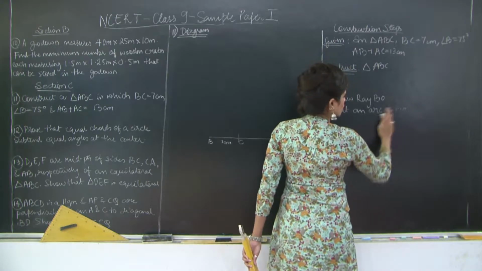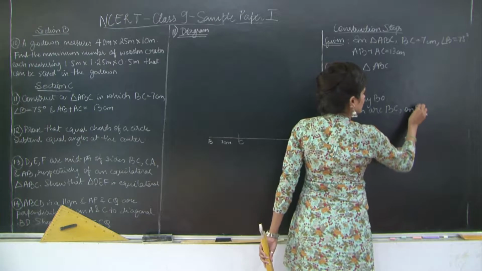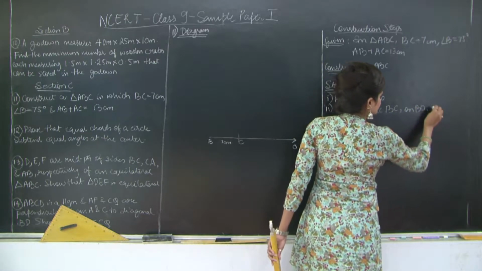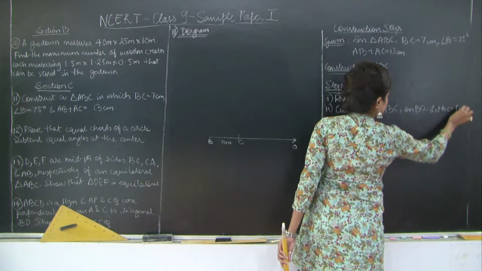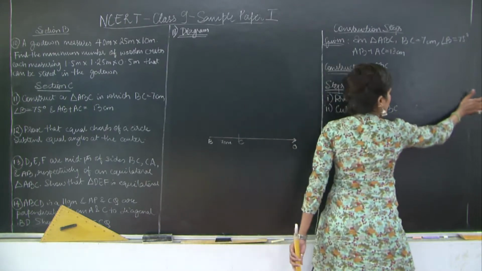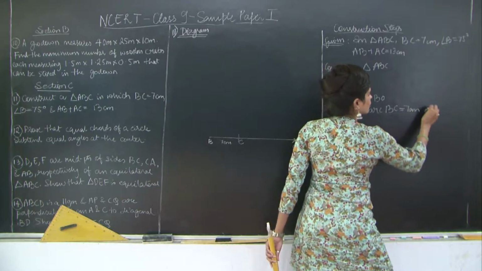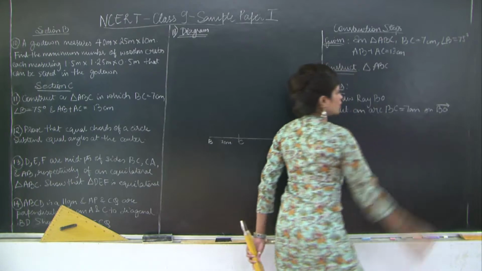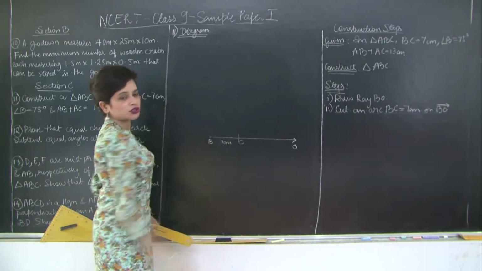So what are you going to call this arc? Cut an arc BC on BO and let BC be equal to 7 centimeters. Or you can further optimize this and write: cut an arc BC equal to 7 centimeters on ray BO. Okay, so we have the base given which is 7 centimeters.